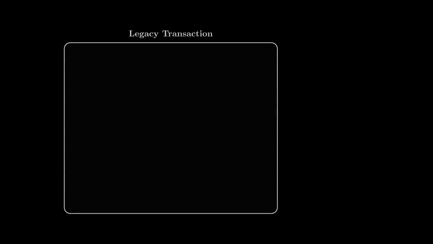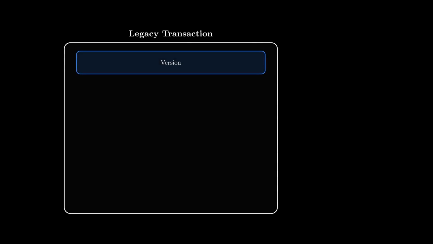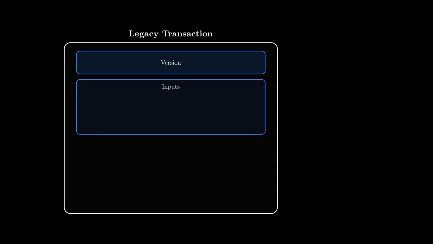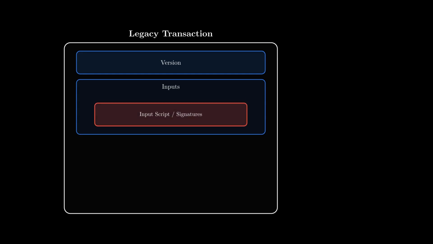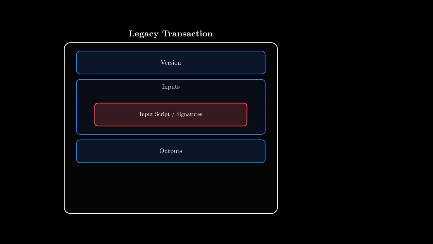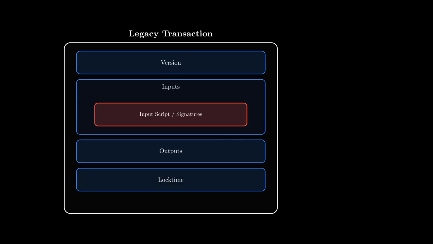A legacy Bitcoin transaction has 4 main sections. First, a version number, then a list of inputs. And inside each input lives an input script where the signatures are stored. Next, a list of outputs that specify where coins go. And finally, a lock time field.